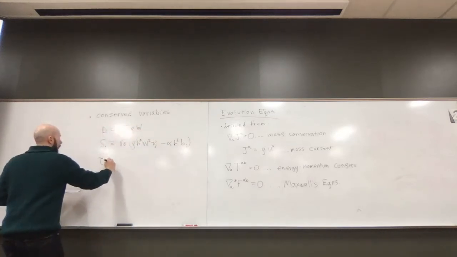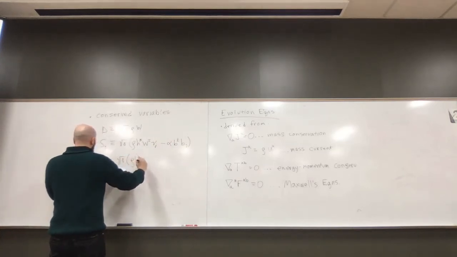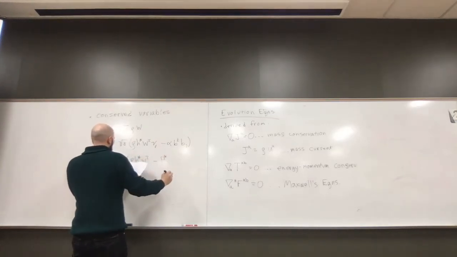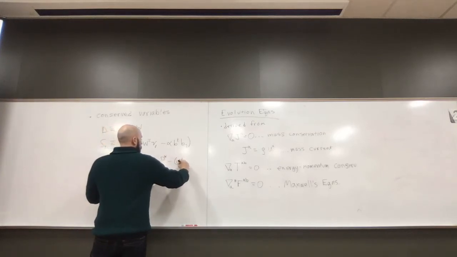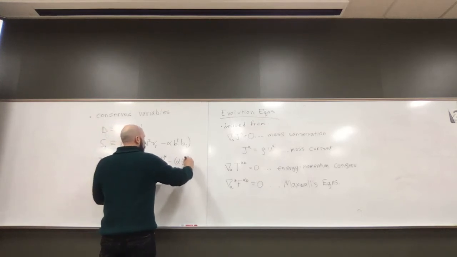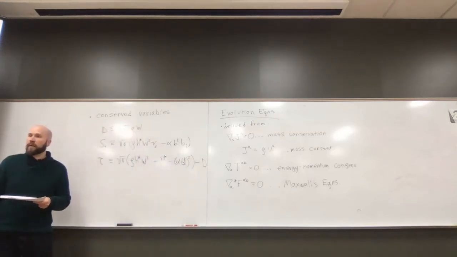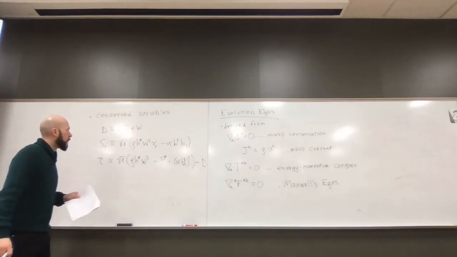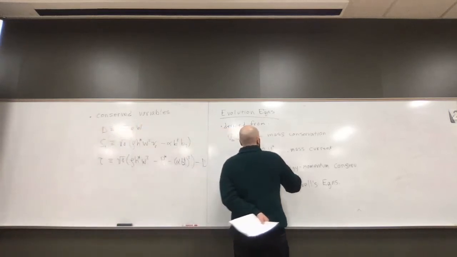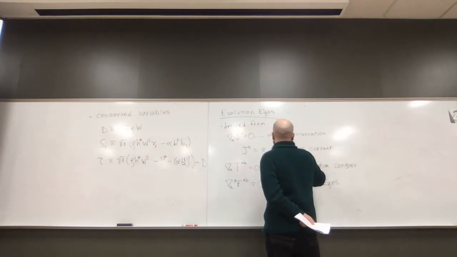An energy variable, tau, square root gamma, all times rho times the generalized enthalpy, W squared, minus P star, our generalized pressure, minus alpha times the time component of the magnetic field, B^t, all that squared, minus D, because we want to subtract off that mass part so that we just have energy there, right? And I should say that this is slightly different notation than we've used before. This really is the mass density, not the mass energy density.